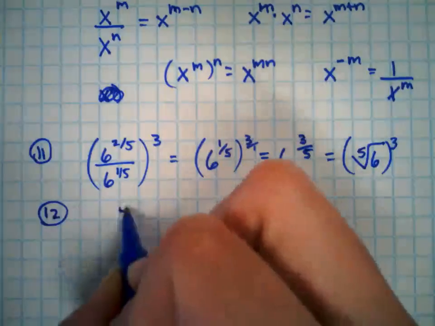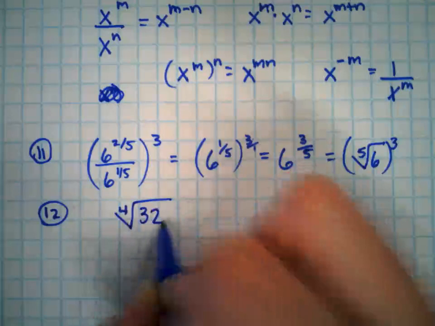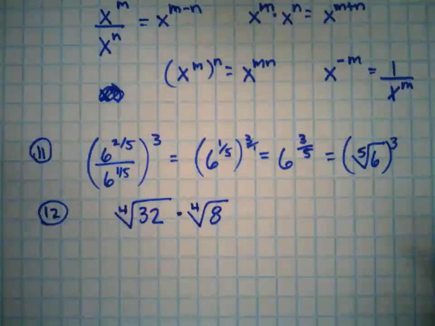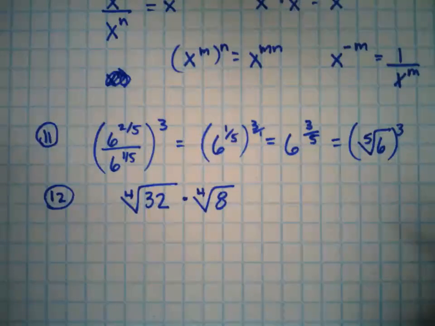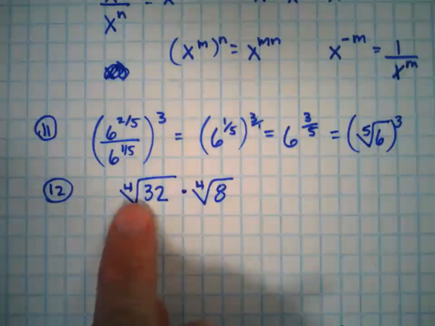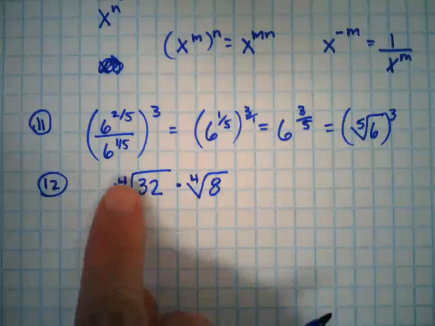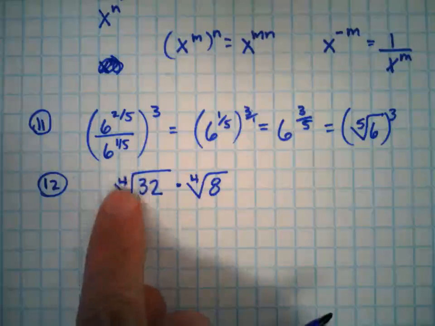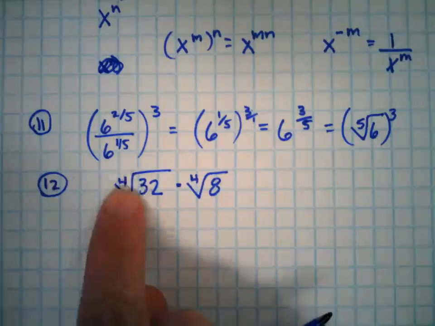Number 12, we have the 4th root of 32, and we have the 4th root of 8. We can do this problem a lot of ways, okay? We're trying to simplify. So when we're trying to simplify and we look at the root, we're trying to find numbers that have an integer for this root.